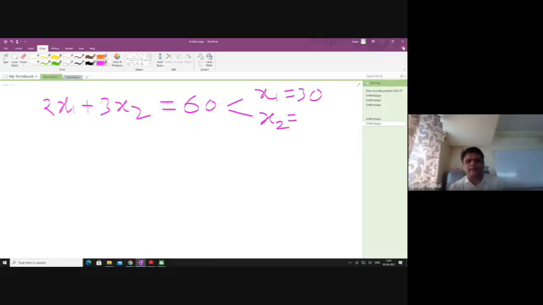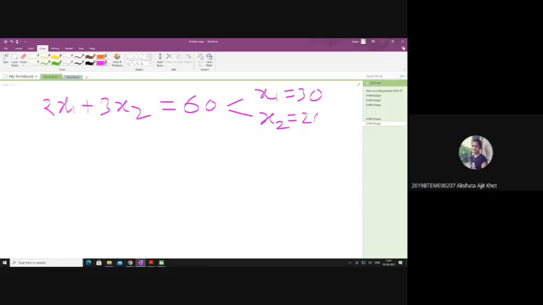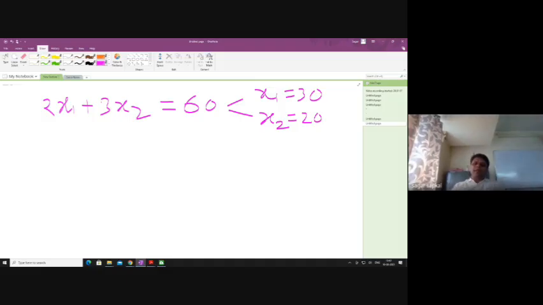Is it 20? Yes, sir. Okay. Now you can consider x1 on one axis, x2 on another axis. Consider the points 30 and 20 on these two axes, and you can draw a line. Do you agree with me? Yes, sir.